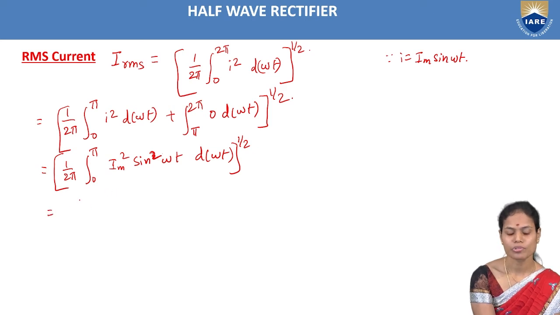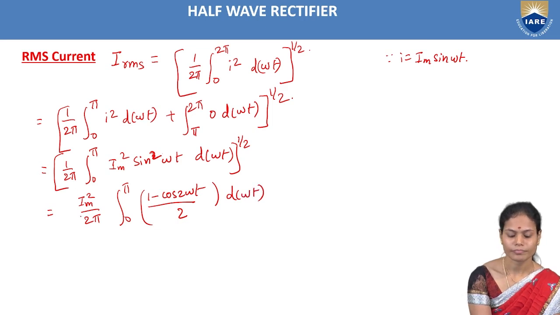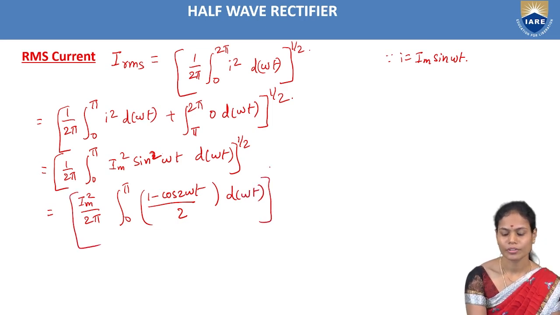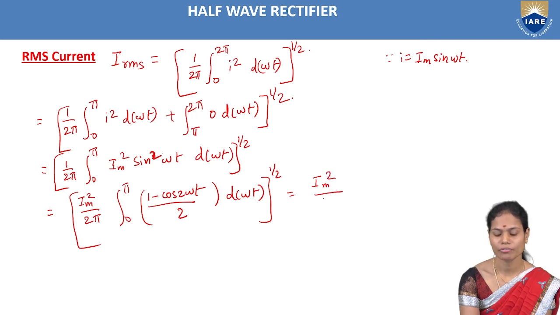Next I am taking Im square outside, that is Im square by 2 pi, and I am writing sine square omega t as 1 minus cos 2 omega t by 2 d omega t. Total under root. I am taking this 2 also outside, that is Im square by 4 integral of 1 minus cos 2 omega t into d omega t.